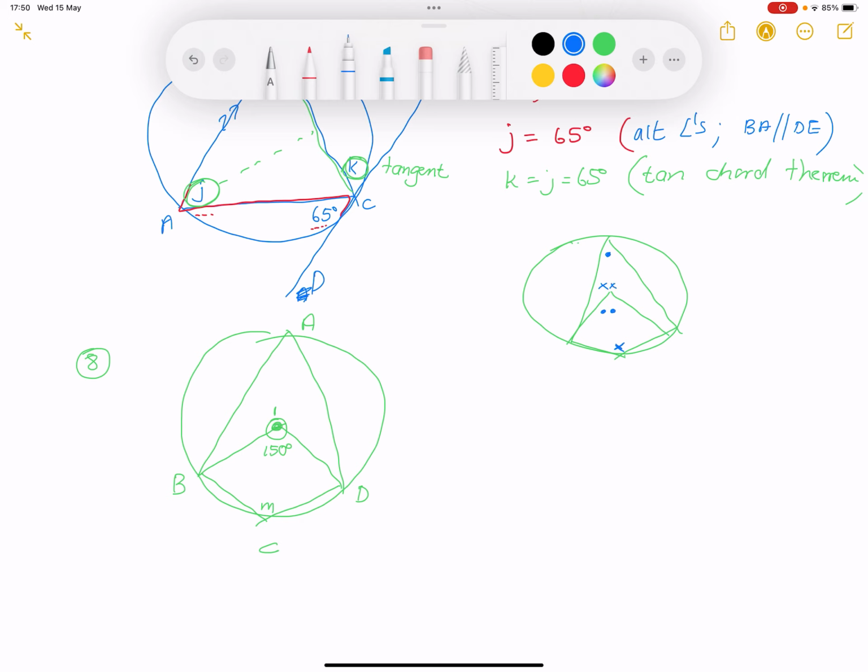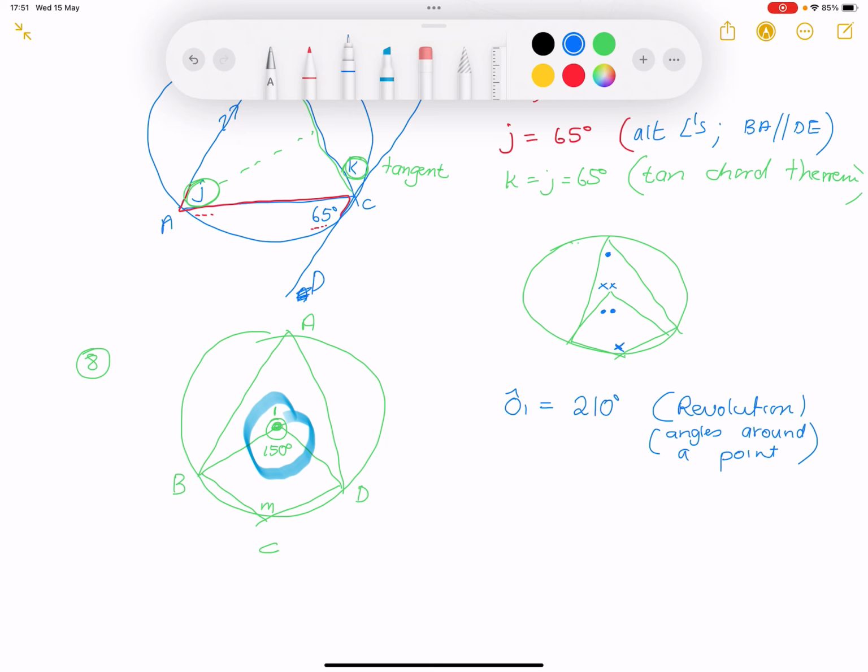Do you see? Yes, ma'am. So now we first work out O1, and this is a revolution, or angles around a point, I don't know how you say. So we will say O1 is equal to 360 minus 150 is 210. Yes, ma'am. So O1 is equal to 210 because it's a revolution. Or you can say angles around a point. You understand? Yes, ma'am.